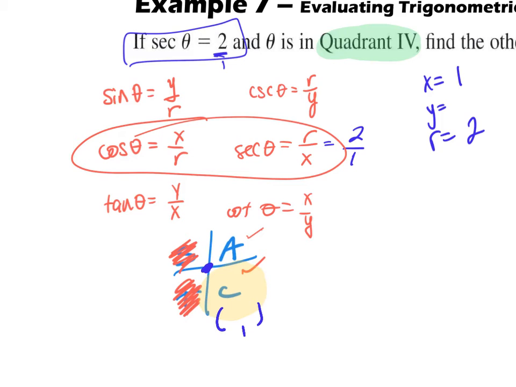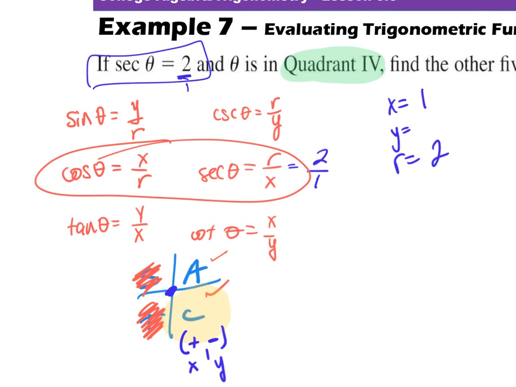I'd go positive, to the right, and then I'd go where? Negative. So x is positive, y is negative. So x is positive 1, and y, whatever we find out to be, what do I have to put in front of it? A negative sign. Does that make sense? That's how we do that. We're just going to practice this a whole bunch, I promise. So I have x squared plus y squared equals r squared.